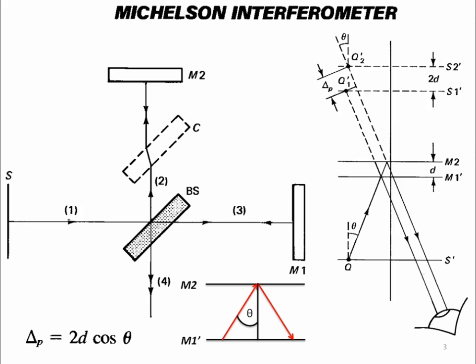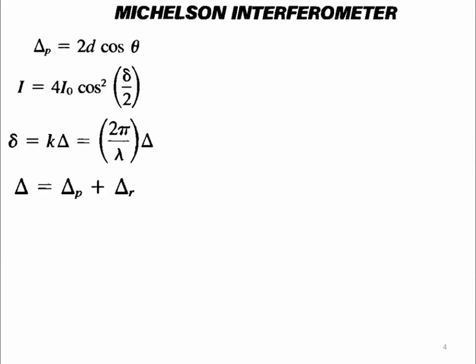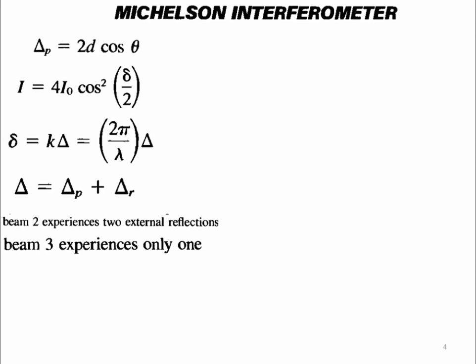And this is what makes this factor here pi, or lambda by 2. We have to take lambda by 2 here, because one beam has suffered an additional path change because of reflection. So that's the point here.